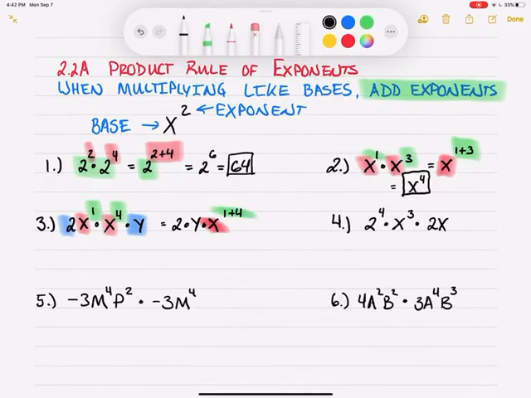So this is going to become 2y x to the 5th. 2 times y times x to the 5th power. Remember, we're adding our exponents.